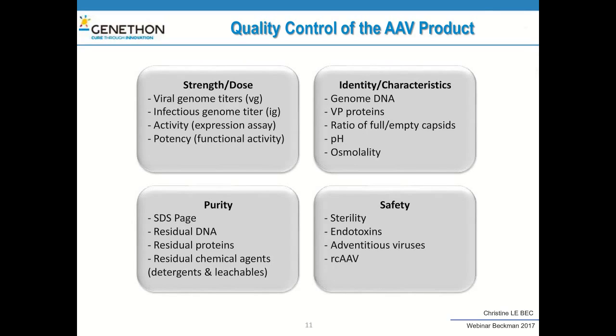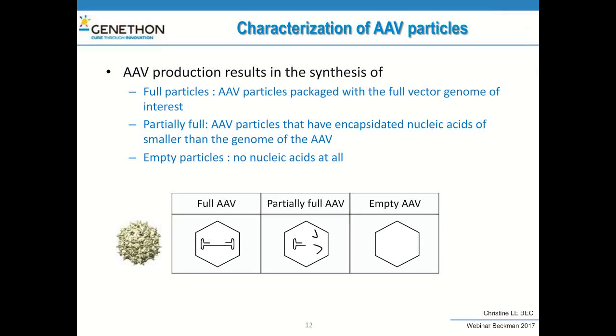In terms of the ratio of full and empty capsid, in the AAV productions you have different types of populations. The full particles, meaning that you have in your particles the full vector genome of your interest.